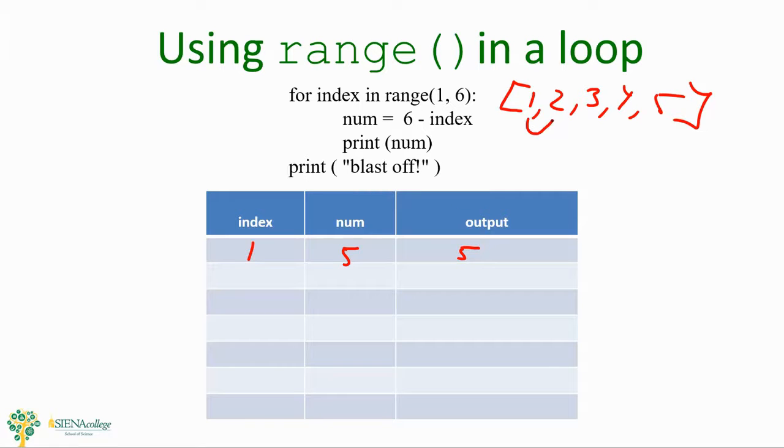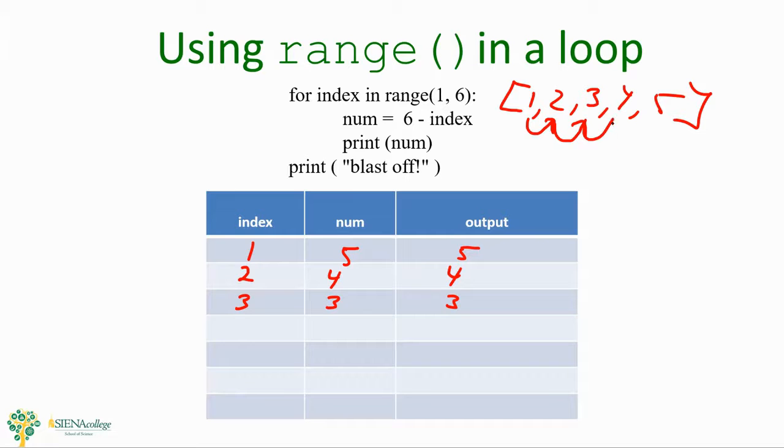Then we're going to get the second number in our list, the number 2. 6 minus 2 is 4, and we'll print out the 4. We then go to the next number in our list, 3. So index is 3. 6 minus 3 is 3, and we'll print out that 3.